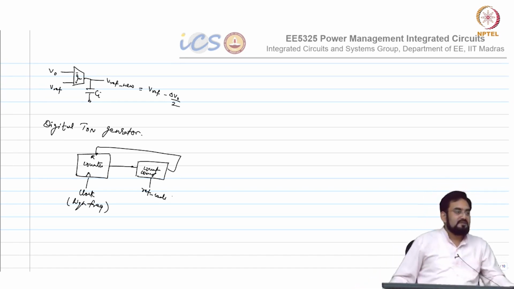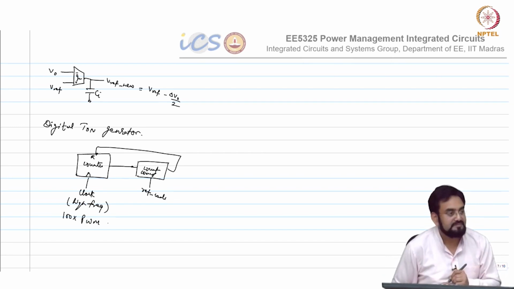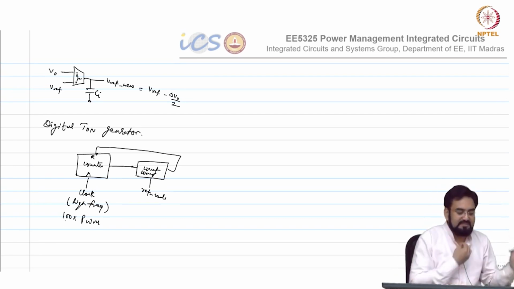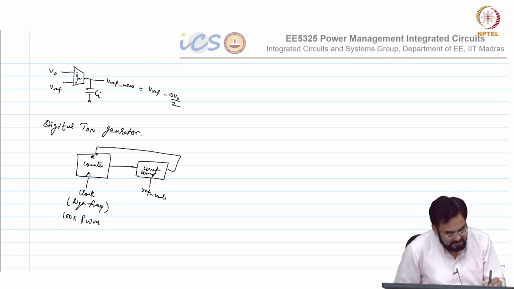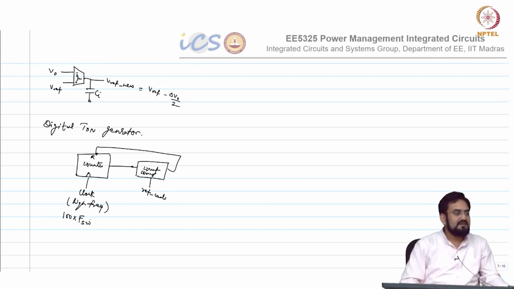Let us say this is 100x of PWM, which means if 1 megahertz is the FSW, this will be 100 megahertz, correct. If I want to fix this T on at 100 nanosecond, how many counts do I require?